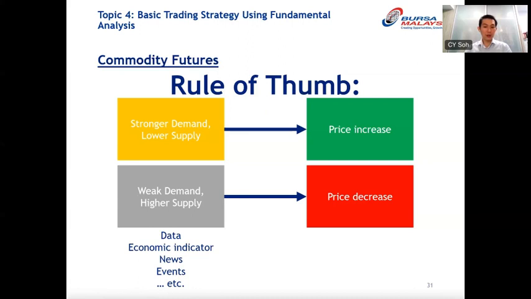Because all producers want after their harvesting is money, and they do not want to hold their commodity stock or inventory. So which is why they are willing to sell, just to get rid of all their stocks. So this would cause the price to generally come down. Okay, so these are the general principles when you want to analyze fundamental factors for commodity futures.